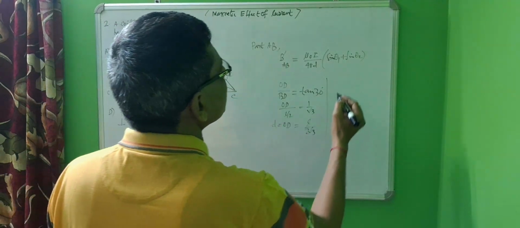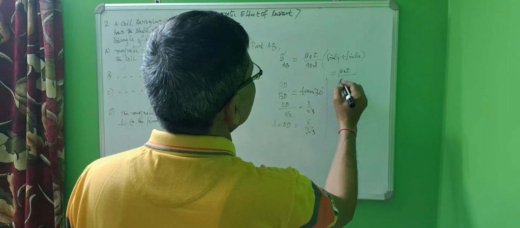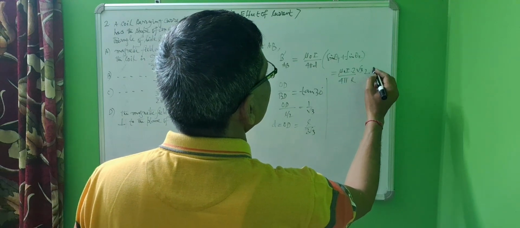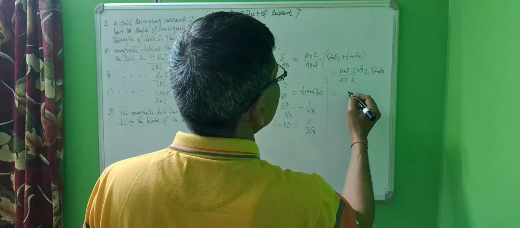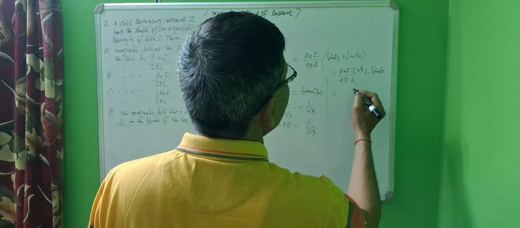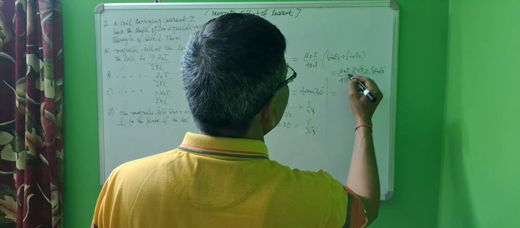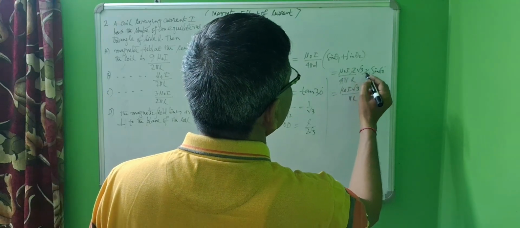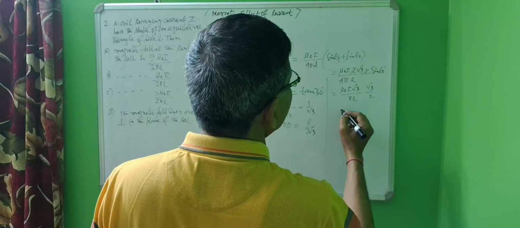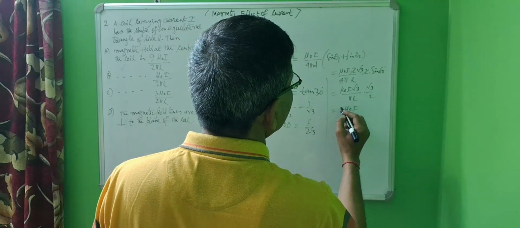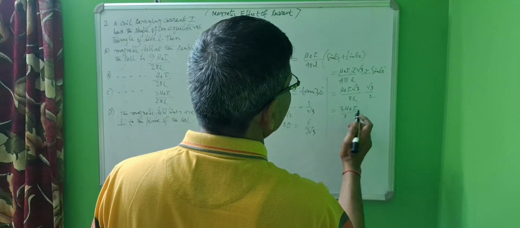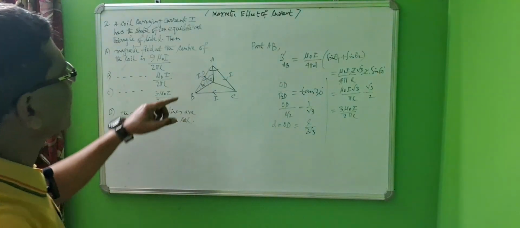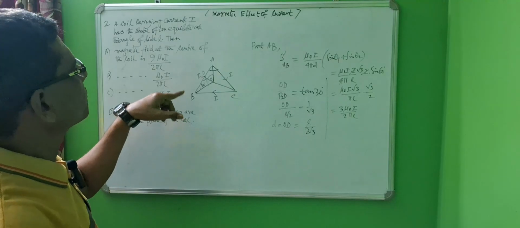So we get mu 0 I upon 4 pi into 2 root 3 upon L into 2 sin 60, which equals mu 0 I root 3 by pi L into sin 60, root 3 by 2, equals mu 0 I upon twice pi L. So B dash is obtained as this, because the current flows in the same order for BA, AC and CB.